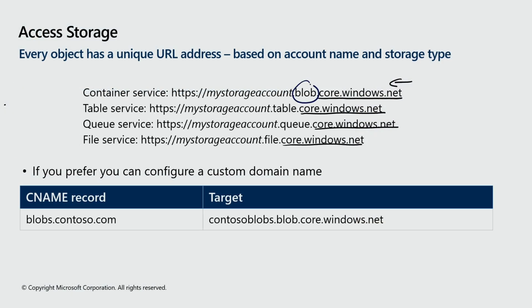Then you get the type of storage, whether it be a table, a queue, a blob, and then you get the storage account name. And because it's maybe publicly accessible, your storage account names must be globally unique. I'll do an example of this in the live demo.